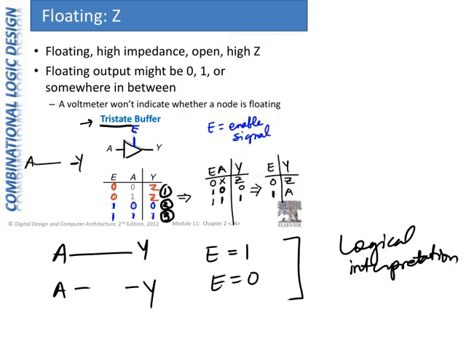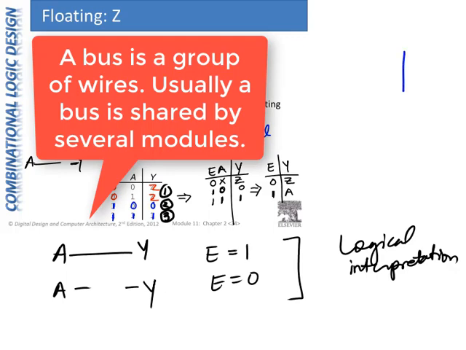Well, one example is when we want to have multiple drivers drive a given wire, but they clearly can't all drive it at the same time, otherwise we'll have contention. And so we could basically have a wire. The shared wire is called a bus. So maybe it's the bus connecting the graphics driver and the network driver, the memory, etc., all communicating between these devices, transferring data back and forth.